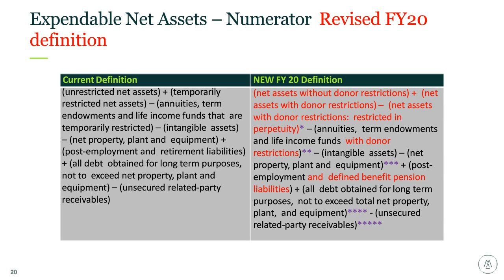So when you calculate this, when you take your net assets with donor restrictions, you need to back out the amount that you used to call perm restricted. You should be able to pull this amount from your footnote disclosure. So you'll take from the front of the financial statements your net assets with donor restrictions and then back out your perm restricted net assets. This calculation also includes defined pension liabilities. So that's also another update to the expendable net asset number.